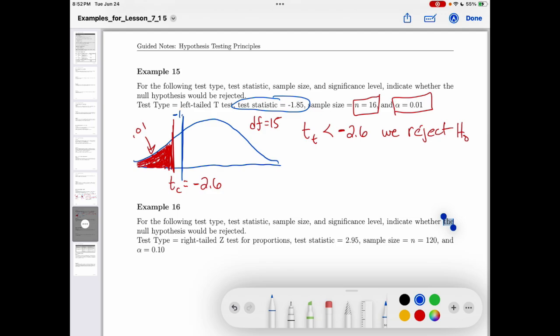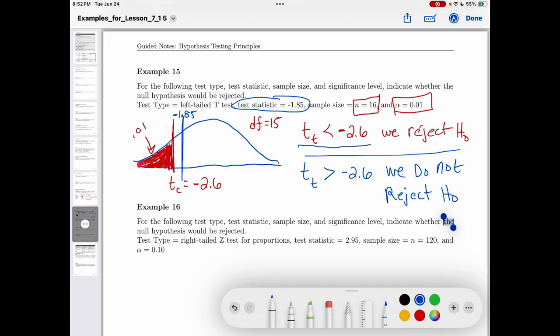So this here is negative 1.85. Since this doesn't happen, our test statistic is greater than negative 2.6. So we're going to say we do not reject the null hypothesis. So this is our final answer, our final decision.